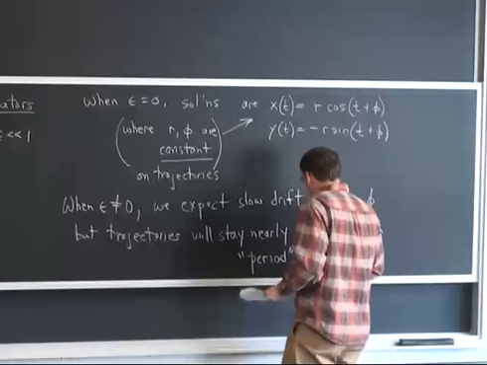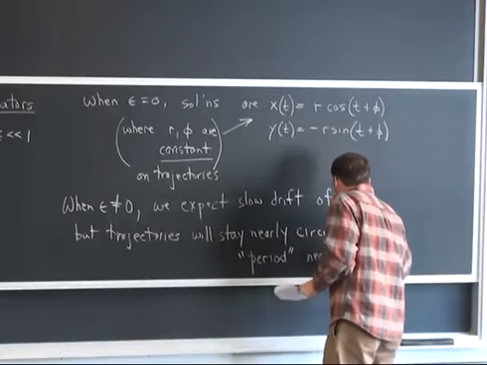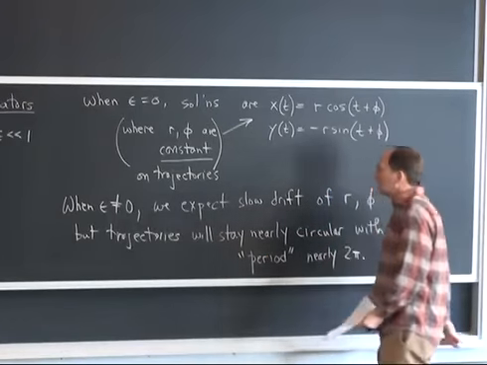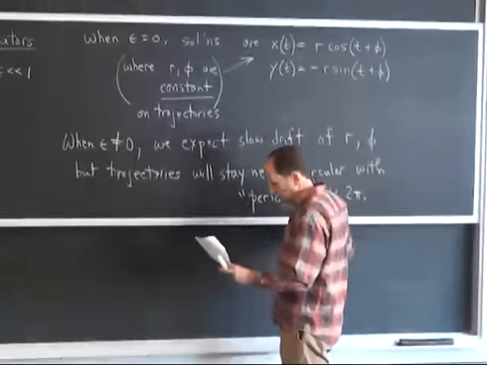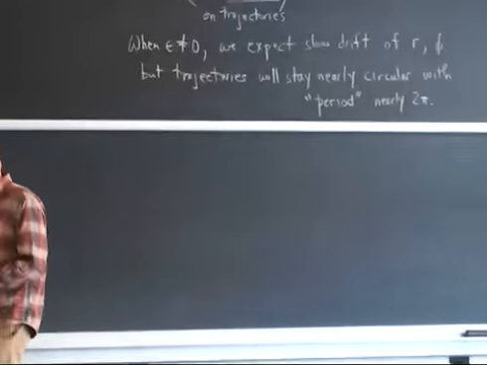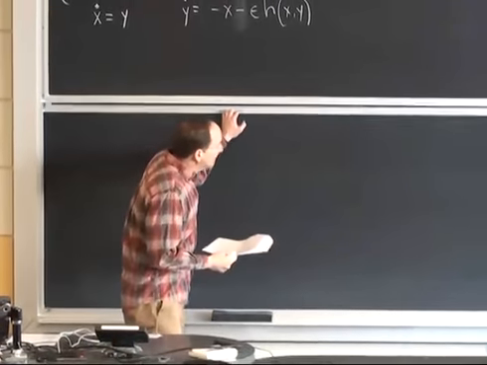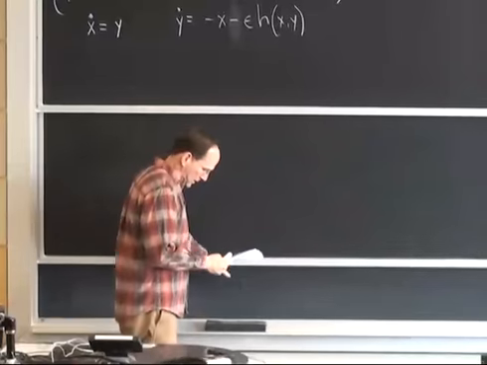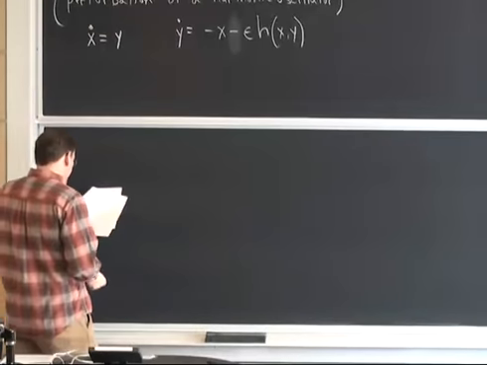But you know what I mean, with a period nearly 2 pi. And that was the kind of intuition we used in the energy method, but we can now make it more precise today. Okay, so let's try to figure out evolution equations for the R and the phi.